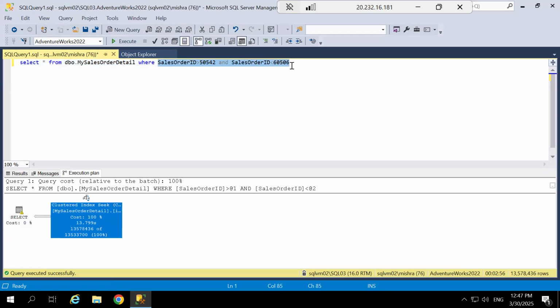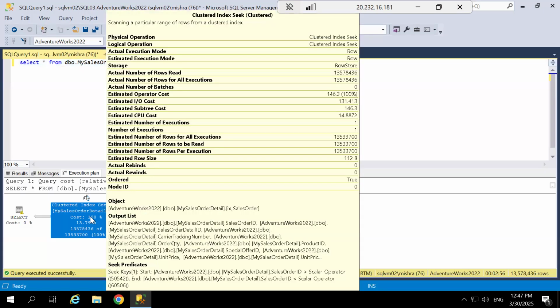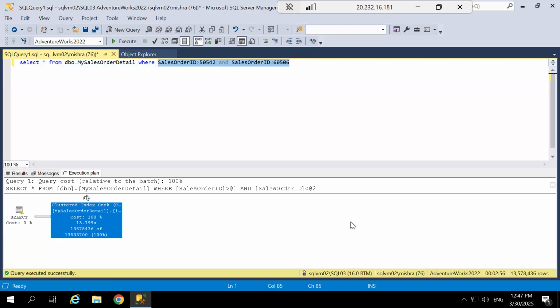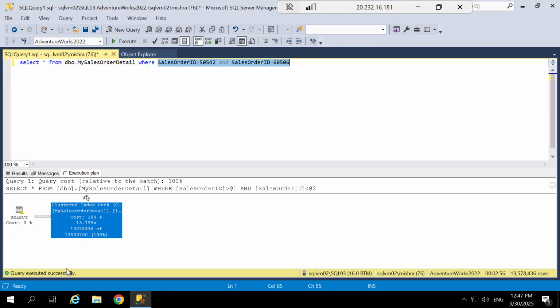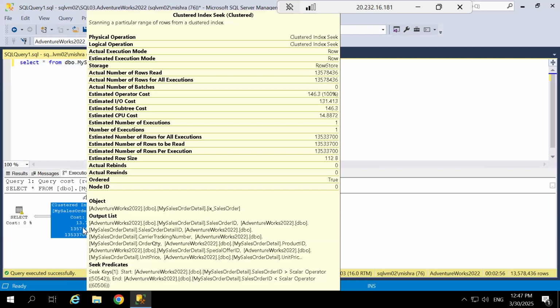So it is searching for those values using the index seek operator. It's a read operation, but using how many processors? In this case, I can see that the plan that has been generated is using a single processor for the index seek operation.